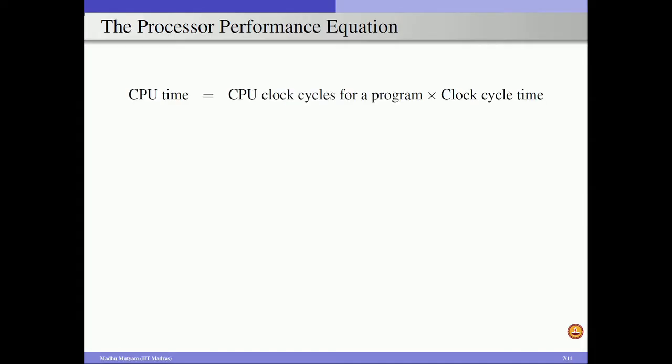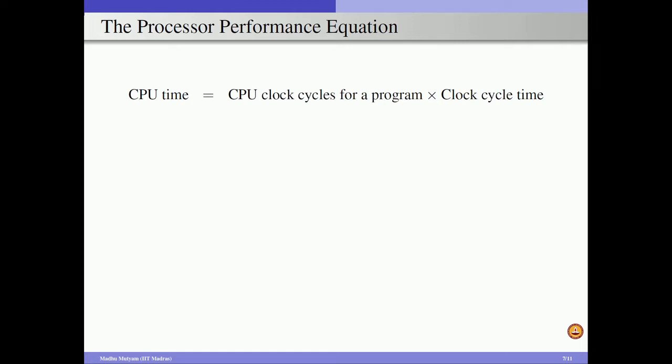We will use a processor performance equation. We define CPU time as the total number of CPU clock cycles an application takes when we are executing that application on a given processor.